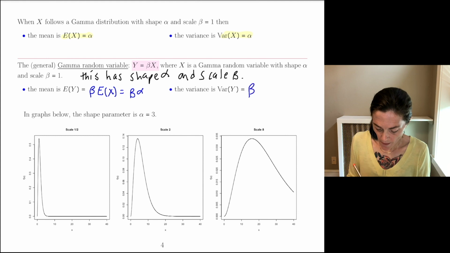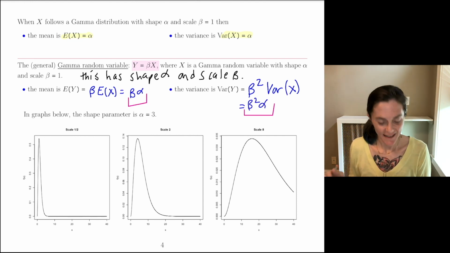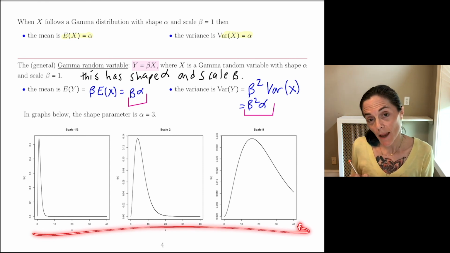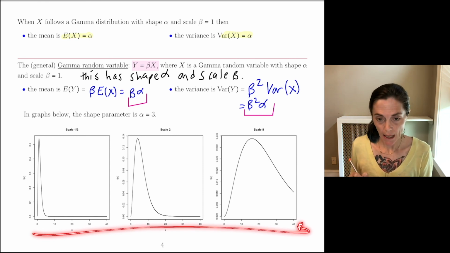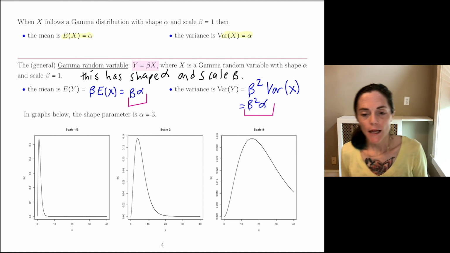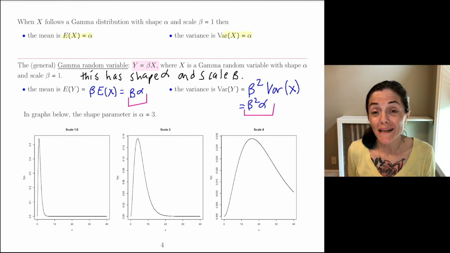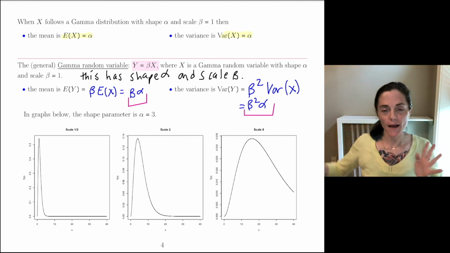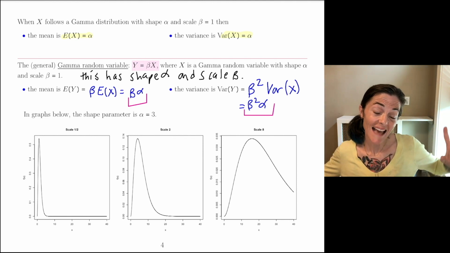And the variance will be beta squared times the variance of X, which is beta squared alpha. So here I have 3 graphs. They all have the exact same shape parameter, alpha equals 3. And then I've changed the scale, 1/2, 2, and 8. And you can see what happens. So fundamentally, the shape is the same, but the scaling affects the x-axis.